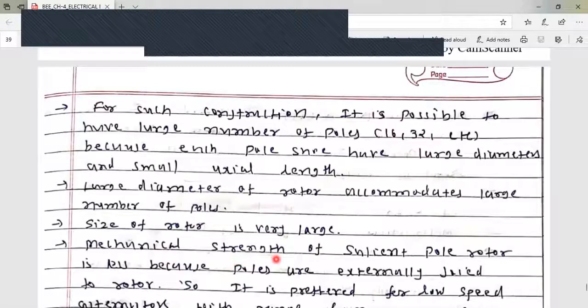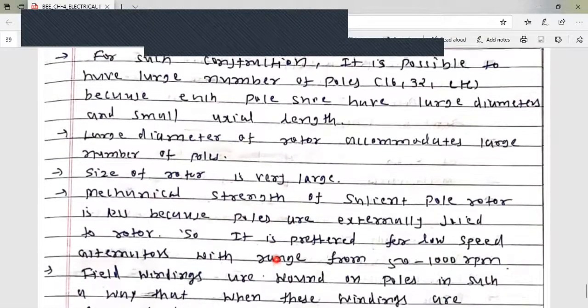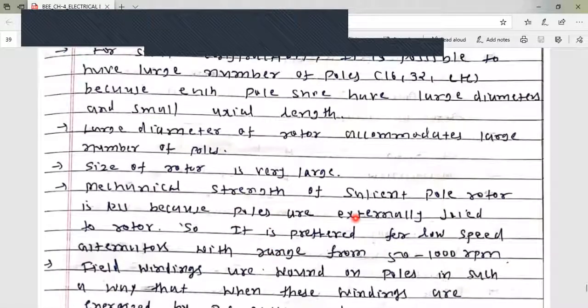The mechanical strength of the salient pole rotor is less because the poles are projected on the rotor. So it is preferred for low speed alternators, which range from 50 to 1000 RPM.